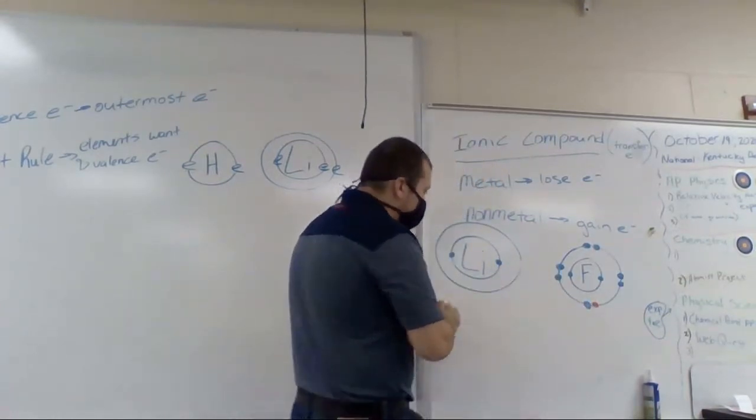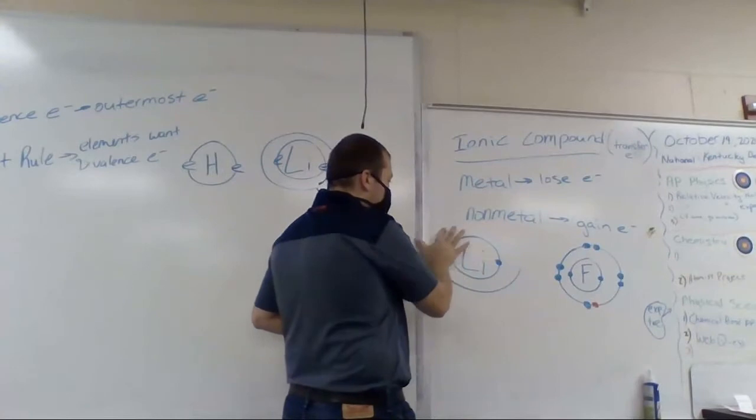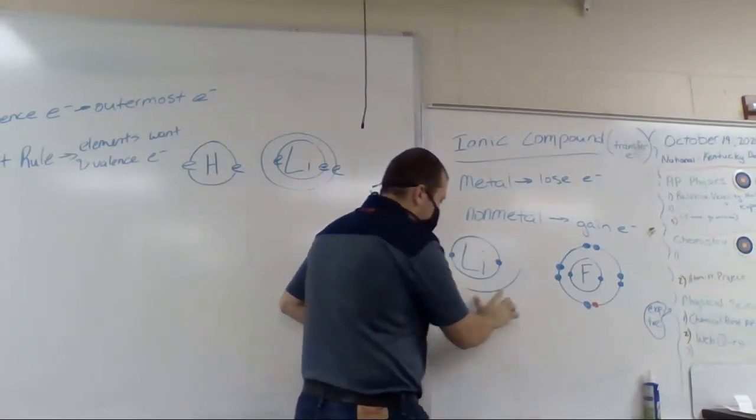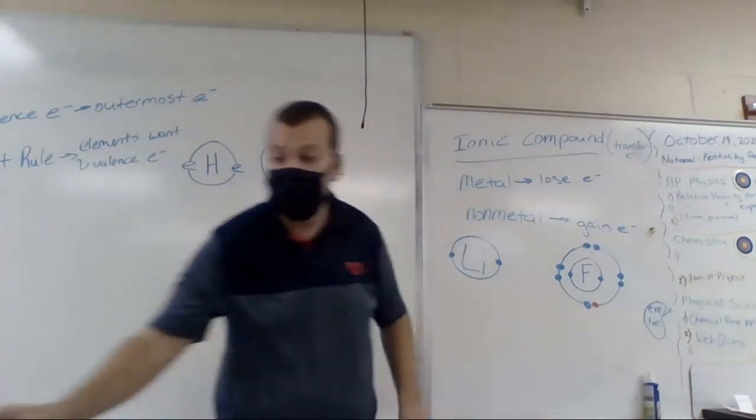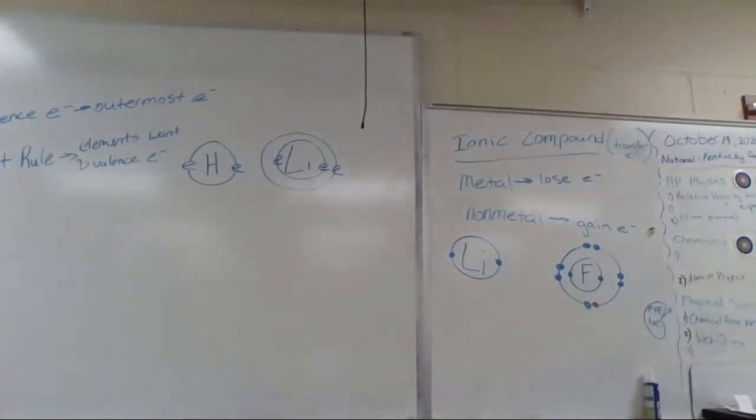Now I'm in the first period. If I'm in the first period, how many electrons does my first period want? Be careful. How many elements are there? 2. They want 2. How many does lithium have? Boom. It's happy.